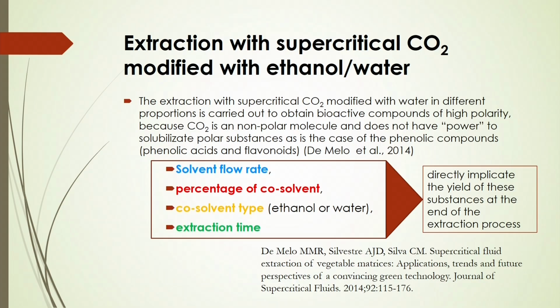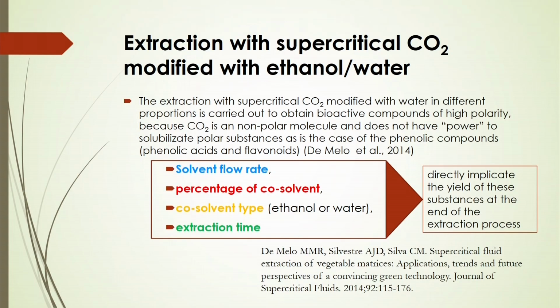Mainly, the yield of these substances at the end of the extraction process depends on the solvent flow rate, the percentage of co-solvent you are using, the co-solvent type, whether it is ethanol or water, and also the extraction time. So, these are the factors to be considered during extraction with supercritical carbon dioxide with ethanol or water.